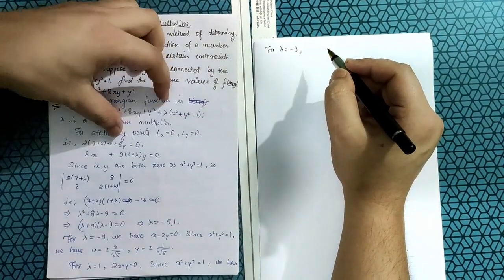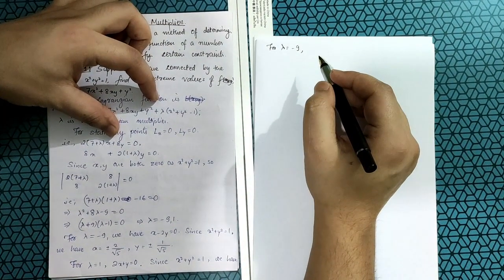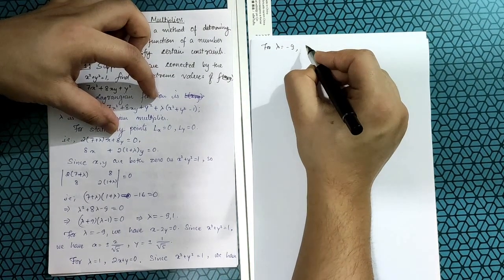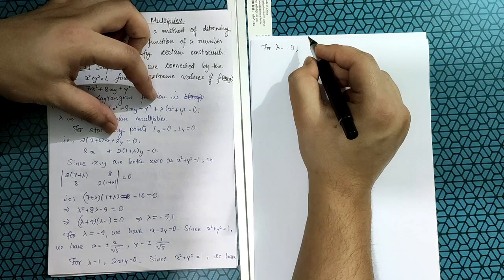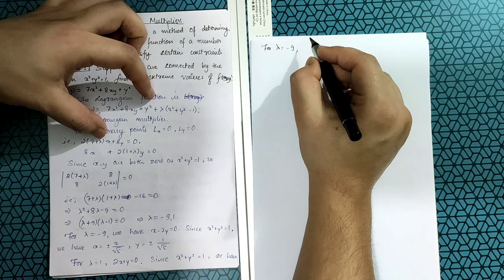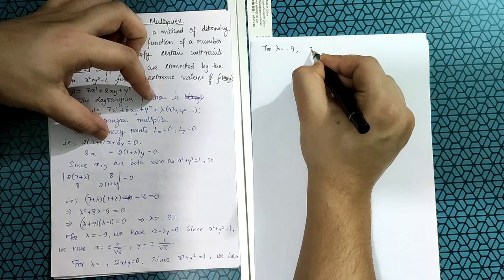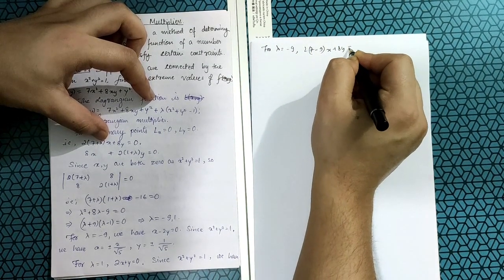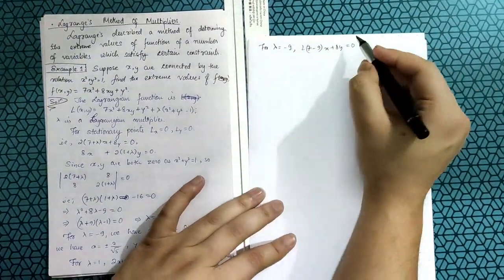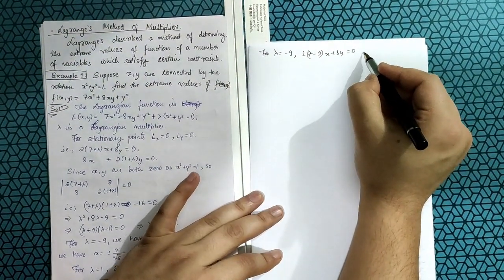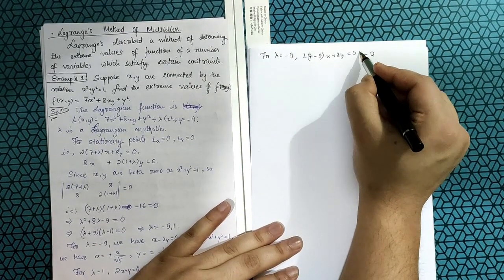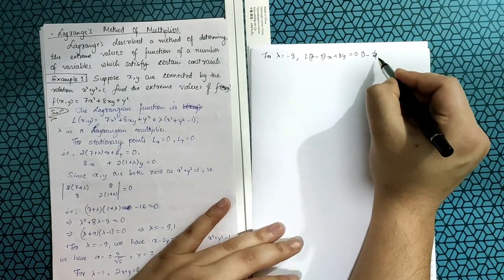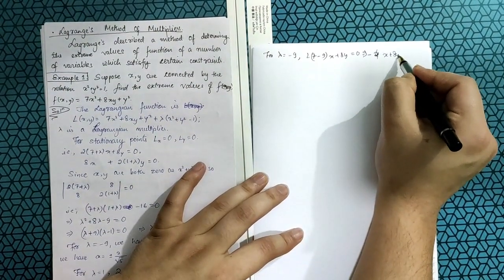If lambda is minus 9, we will have (7 minus 9) times 2x plus 8y is equal to 0. 7 minus 9 will be minus 2, so it will be minus 2 times 2, that is minus 4x plus 8y is equal to 0.